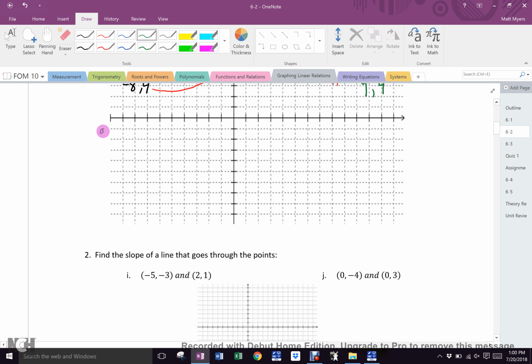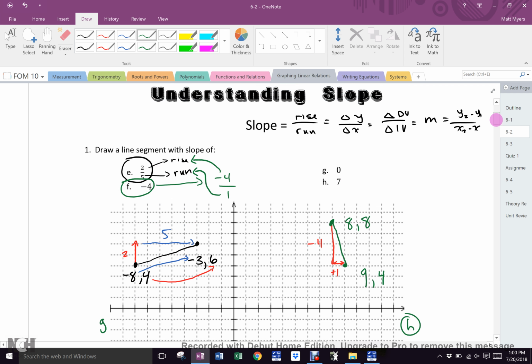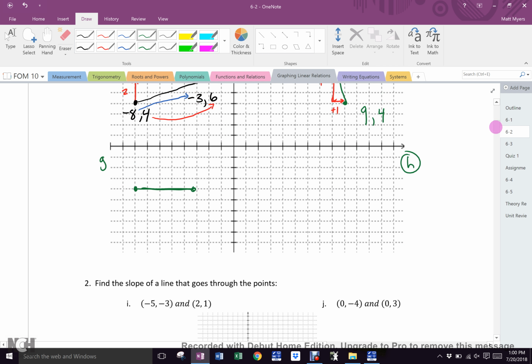G is going to be down here. I need a slope of 0. Choose a point. What is a 0 slope? Flat. Done. Doesn't matter where you put it. H is going to be down here. It is a slope of 7. Pick a point anywhere, but stop for a moment.